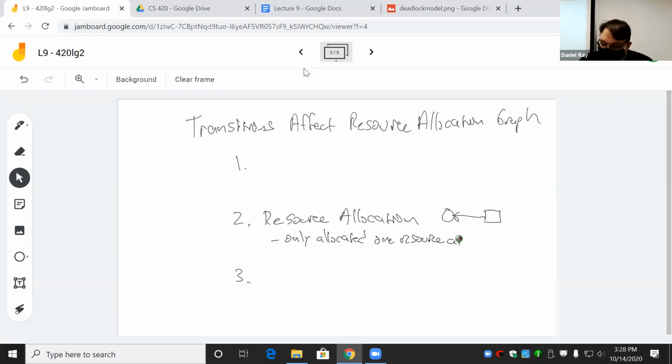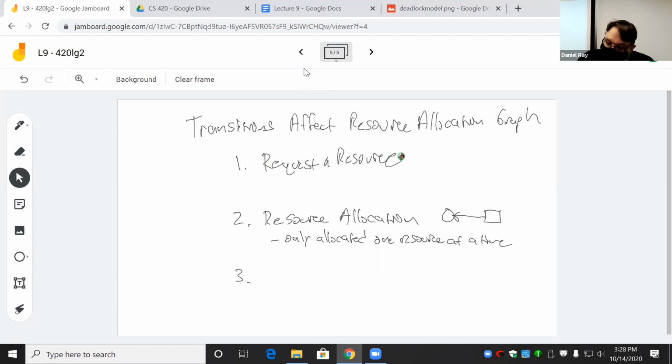at a time. In other words, one resource per, well, what's the first type of transition that can happen? Before I acquire a resource, as a process, what do I have to do? The first one here is request a resource.